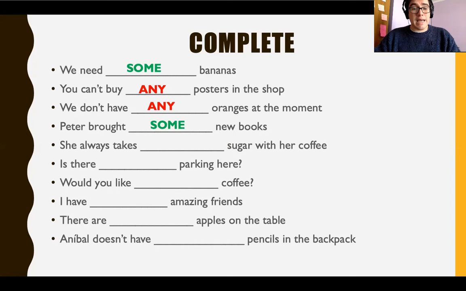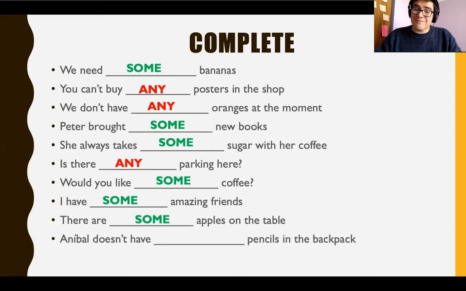She always takes some sugar with her coffee. Is there any parking here? Would you like some coffee? I have some amazing friends. There are some apples on the table. Anibal doesn't have any pencils in the backpack.